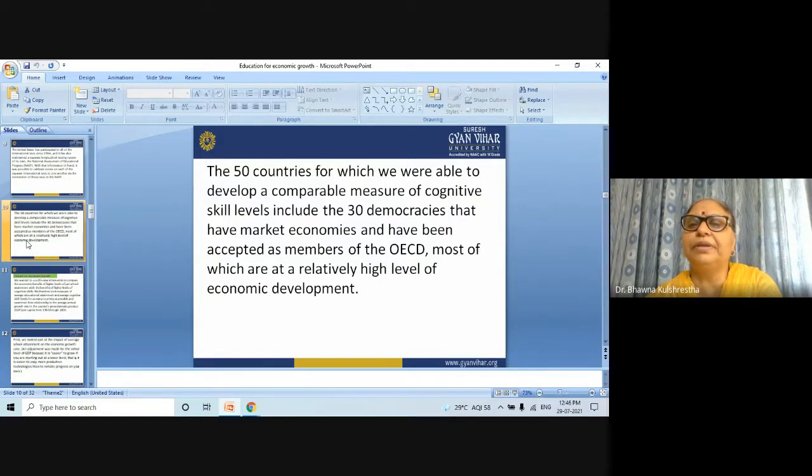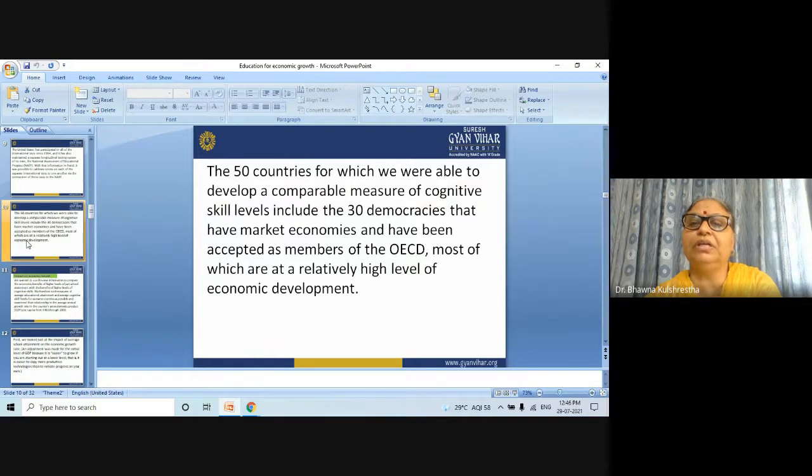They identify top performers like Finland and Japan, average performers such as the United States and Germany, and low performers that include Albania, the Philippines, and South Africa.